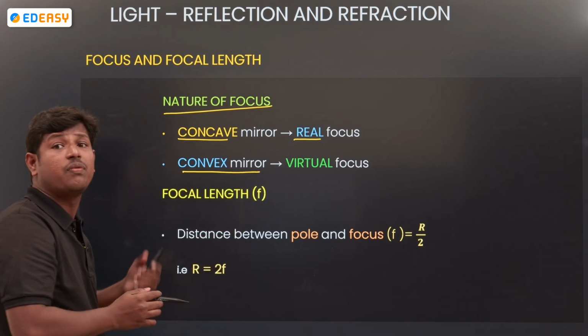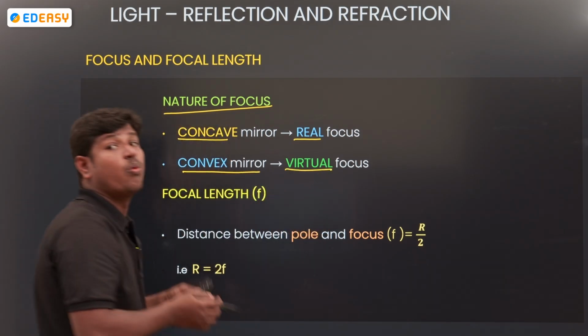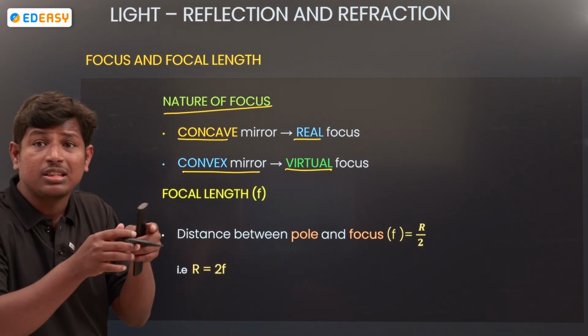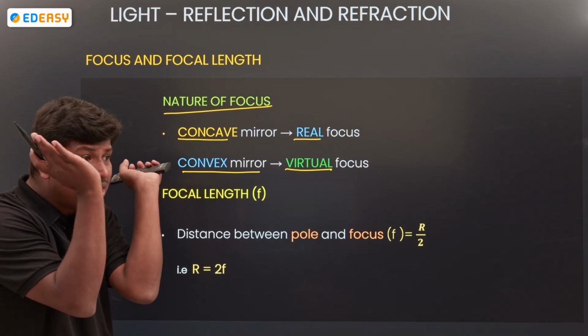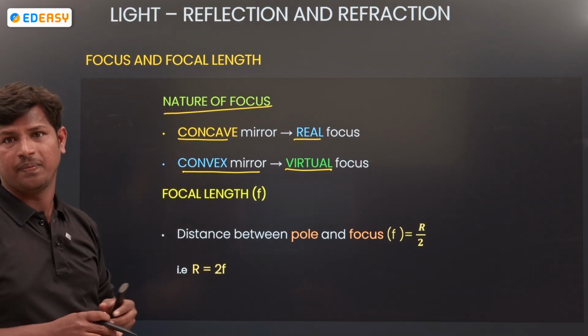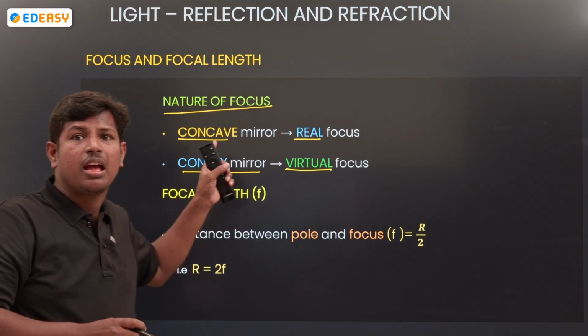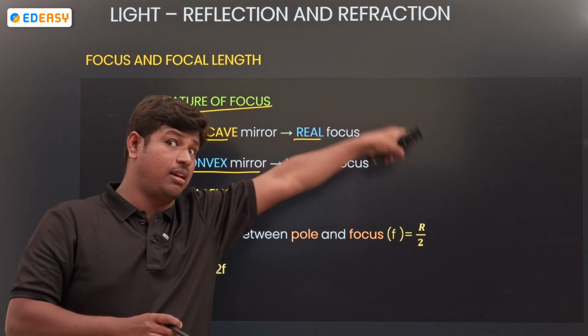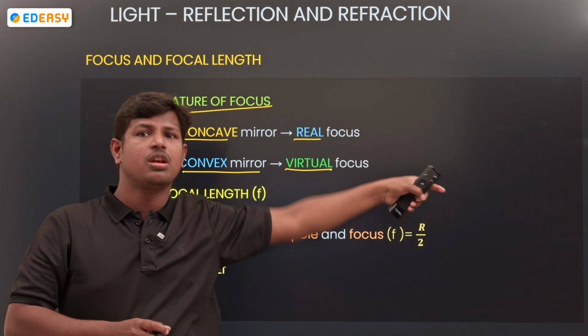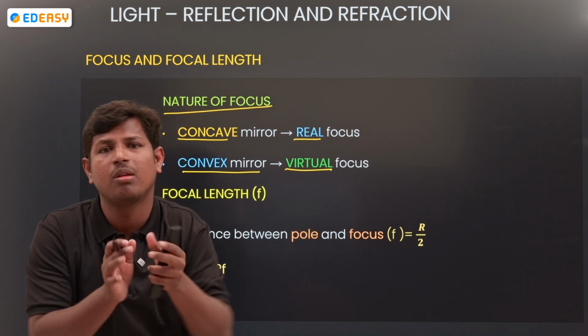The convex mirror forms a virtual focus. Why is it virtual? Because after reflection the light rays diverge. Remember the point: concave mirror gives a real focus, convex mirror gives a virtual focus.